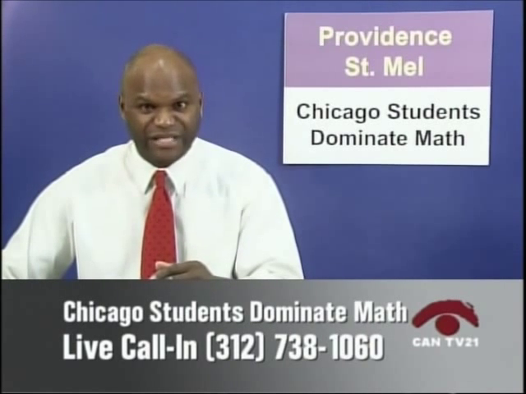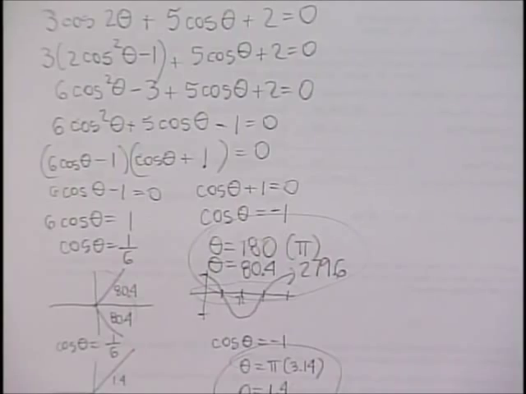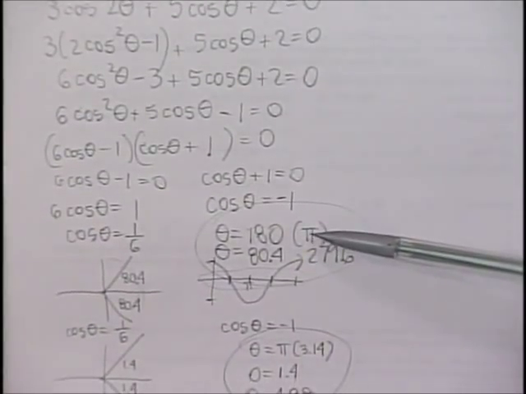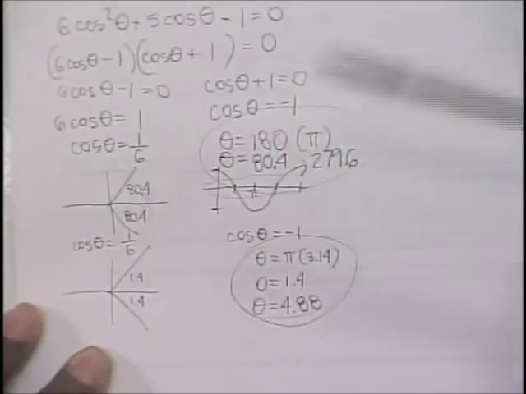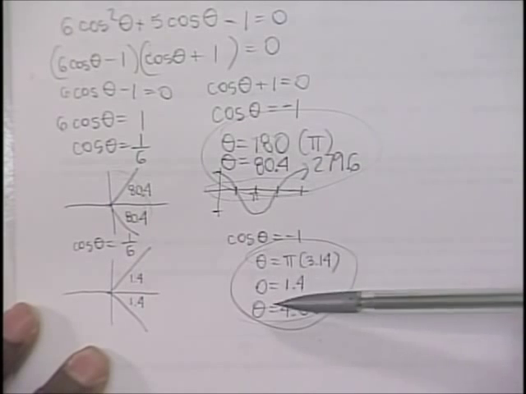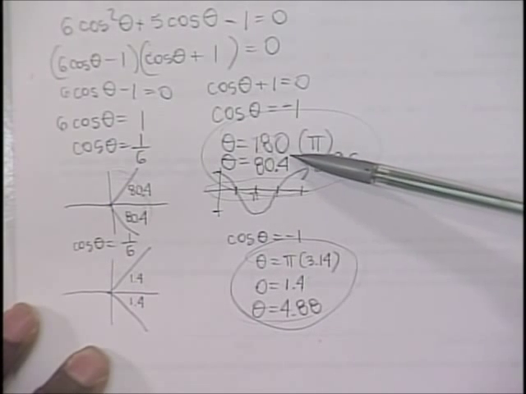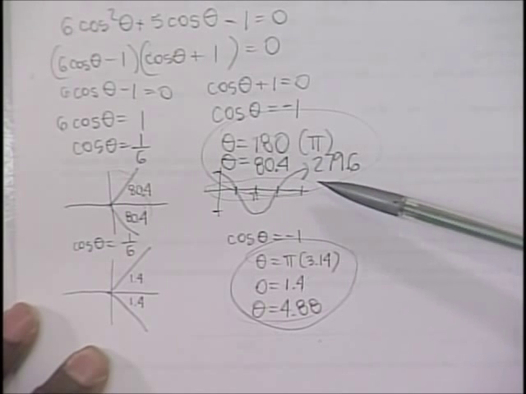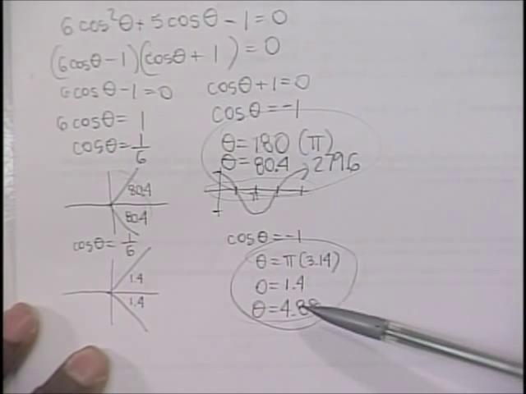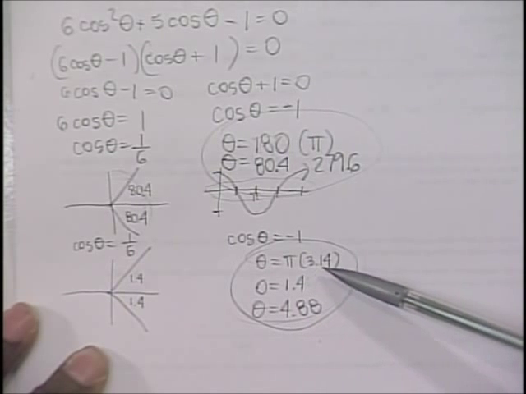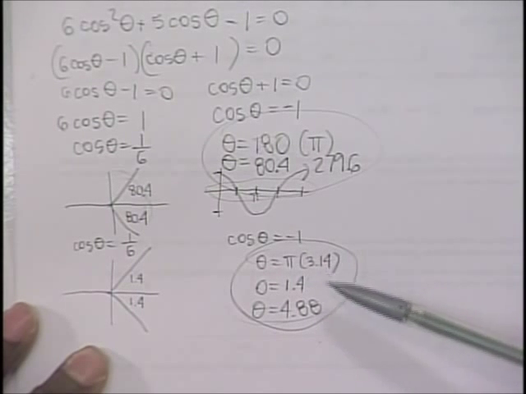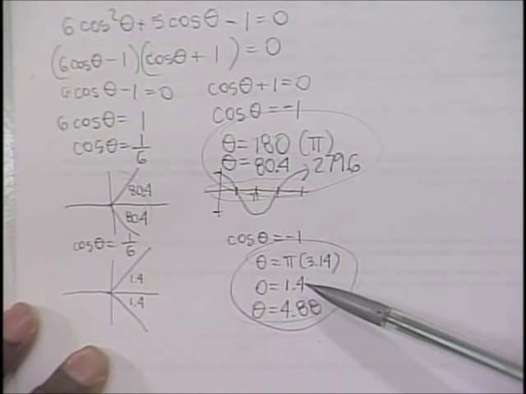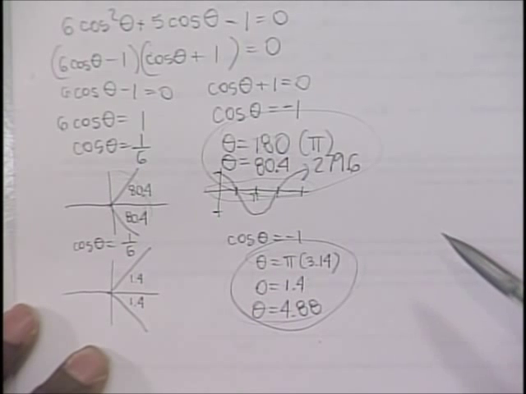It's the same exact statement, but in different languages. And I'd liken what I've done here and here. I've written down the same answers in different languages. This is the degree language: 180 degrees, 80.4 degrees, 279.6 degrees. And that's the same thing as saying 3.14 radians or pi radians, 1.4 radians, and 4.88 radians.